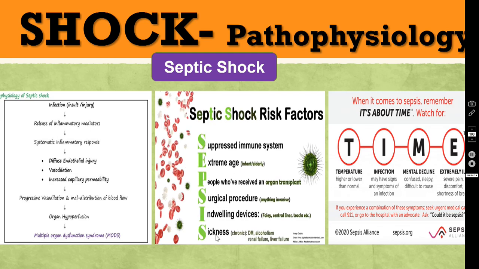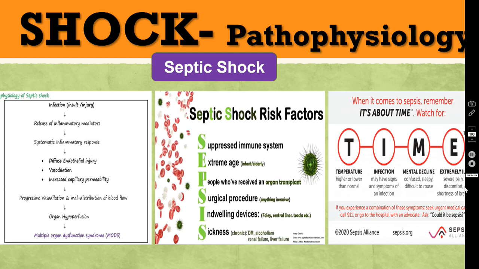So you have to remember this mnemonic for the risk factors for sepsis. Coming to the clinical features, another mnemonic is TIME. These patients will have high or low temperature, infection, and the patient is mentally declined, confused or sleepy, difficult to rouse, and they are critically ill.